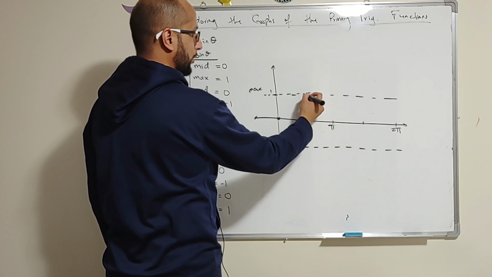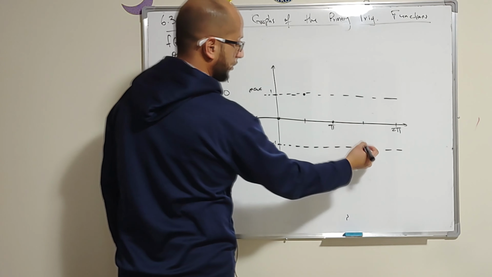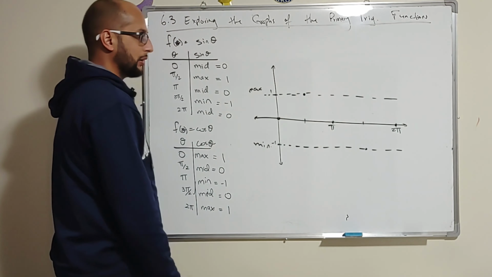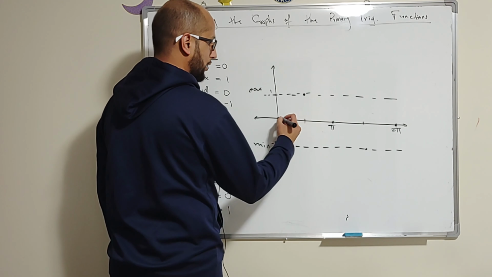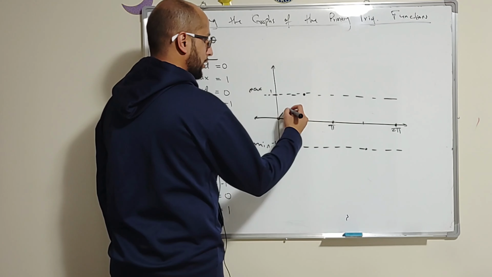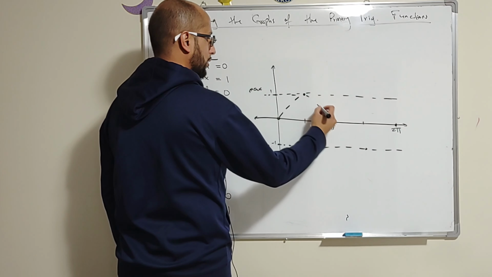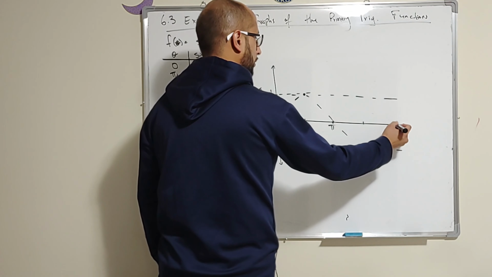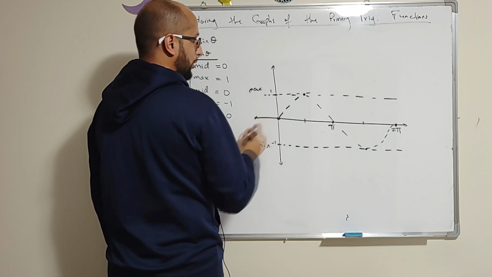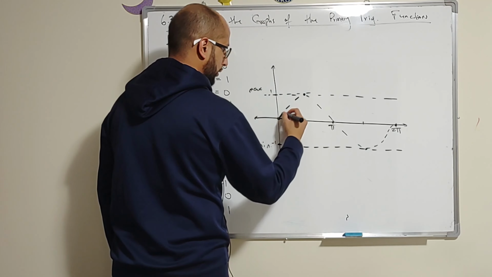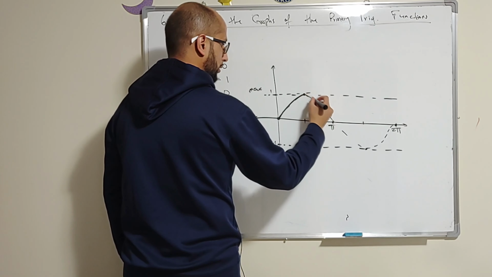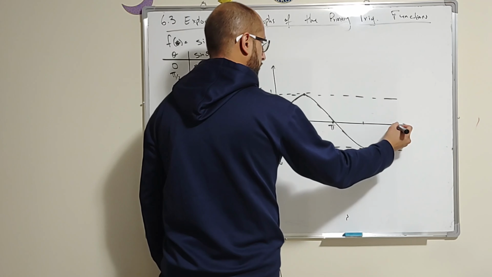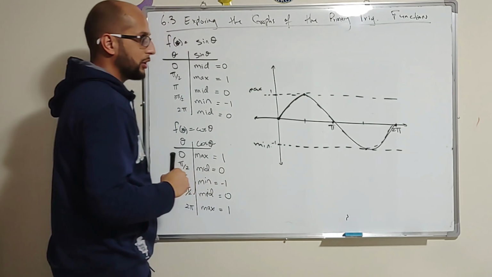At pi over 2, I end up at the max, back down to the middle, down again to the minimum, and then back to the middle. If we connect the dots, remember to curve along, and this would be our sine theta function.